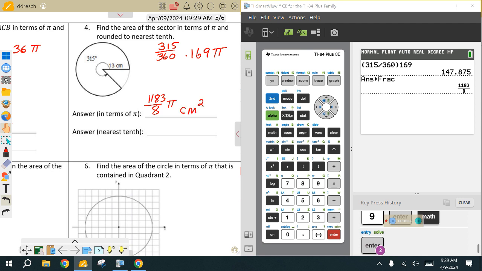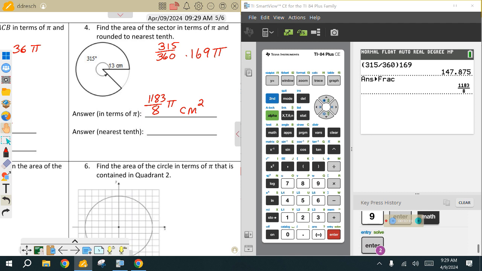If it's not a terminating decimal, for sure, don't round that on your own. Don't give me a rounded pi. Terminating pi, that's okay, but we prefer fraction pies. Now finish it off.